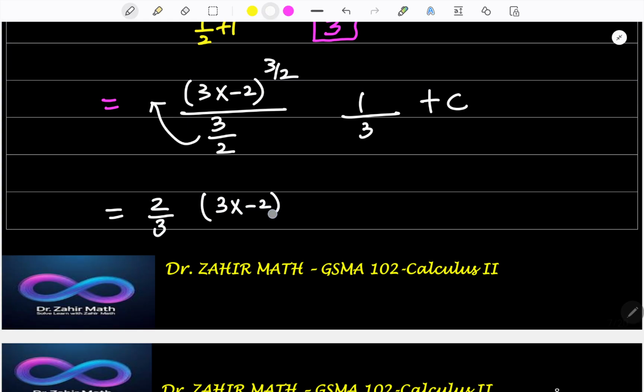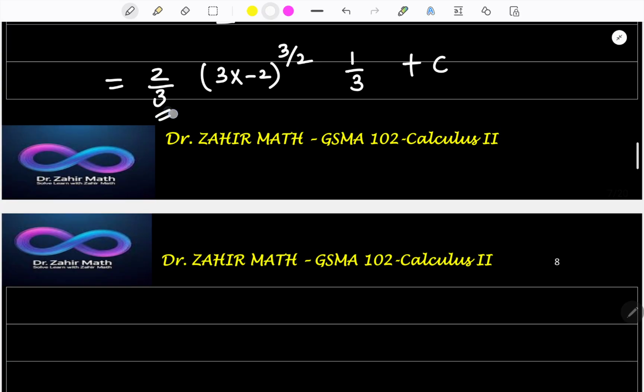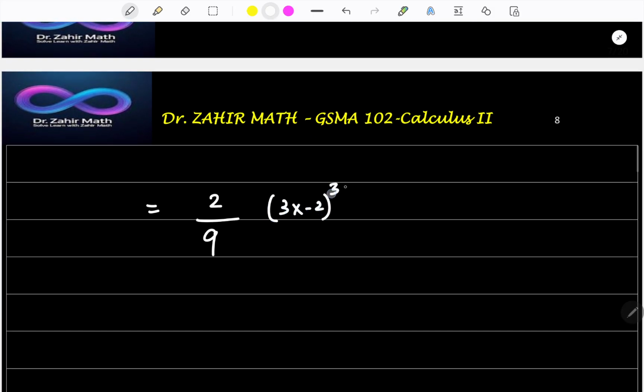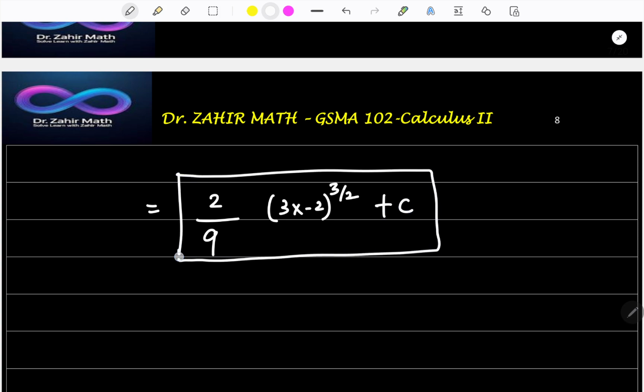And 3x minus 2 to the power of 3 by 2, and this 1 over 3 is there plus integrating constant c. 3 multiplied by 3 is equal to 2 over 9, right? 3x minus 2 to the power of 3 over 2 plus integrating constant c. This is your final answer.